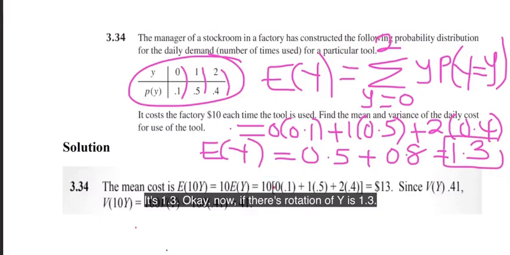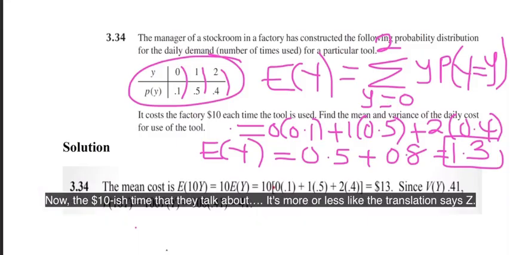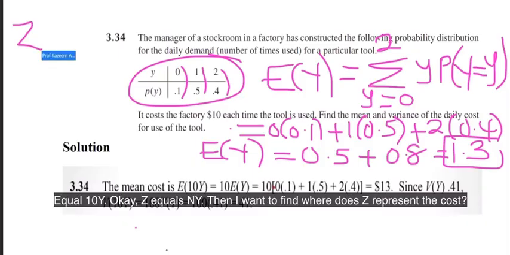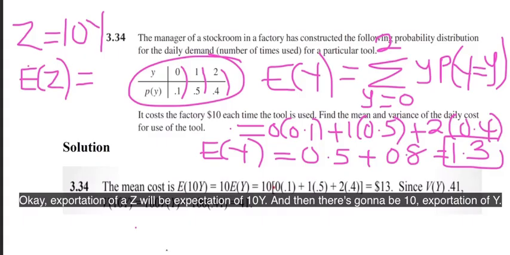Okay. Now, if the expectation of y is 1.3, and they say it's going to cost the company $10 each time, the $10 each time they talk about is like saying z equals 10y, where z represents the cost. Then I want to figure out the expectation of z. The expectation of z is the expectation of 10y, which is 10 times the expectation of y.